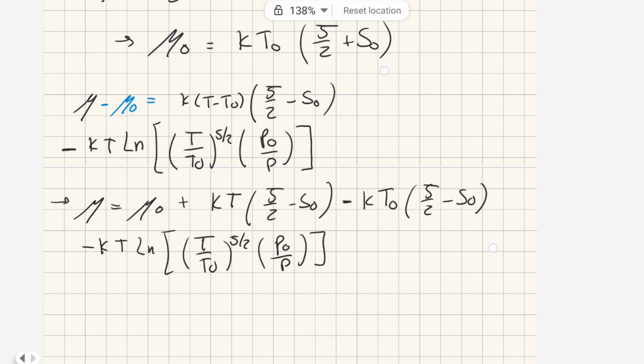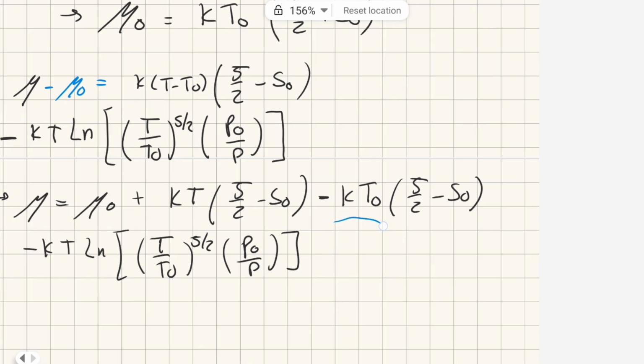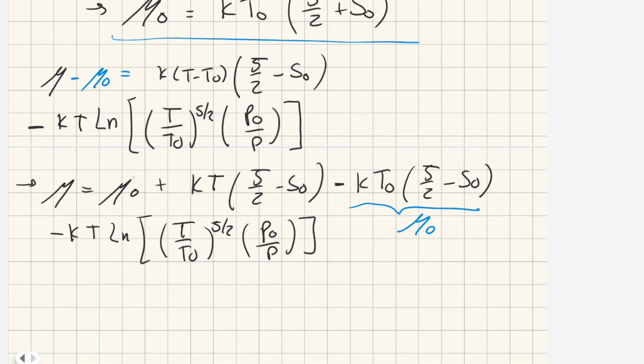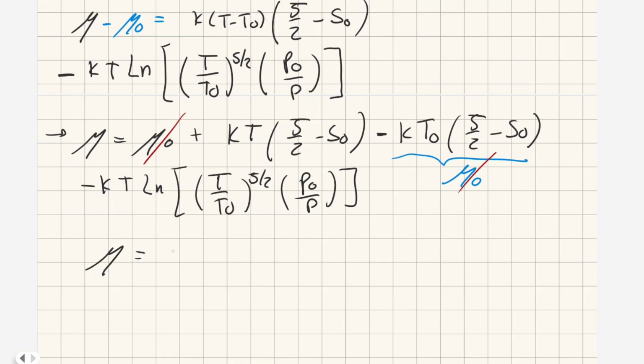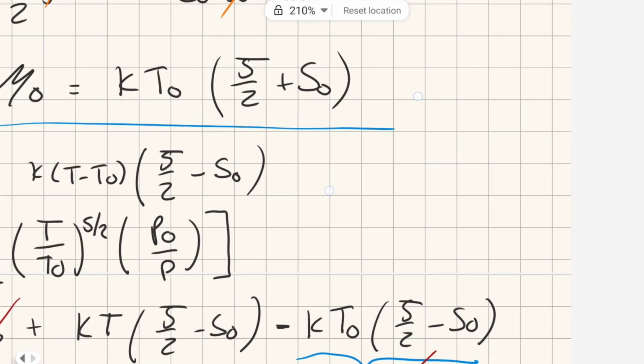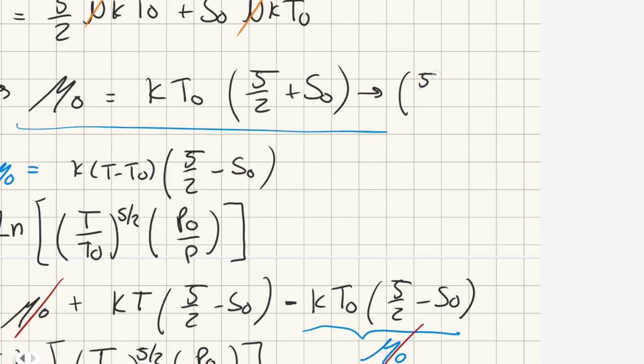Okay, but we know that this element is equal to μ0. So we can cancel μ0 with μ0 to get that μ is equal to kT times (5/2 − S0) minus kT times the natural log of (T/T0)^(5/2) P0/P. Okay, but from here we can say that 5/2 plus S0 is equal to μ0 over kT0.